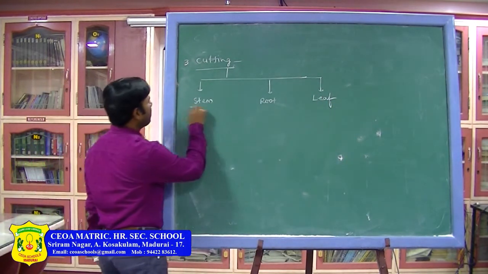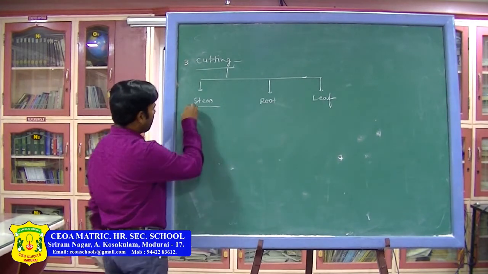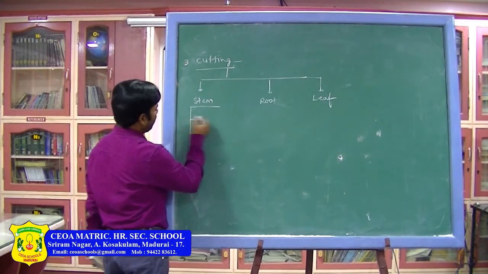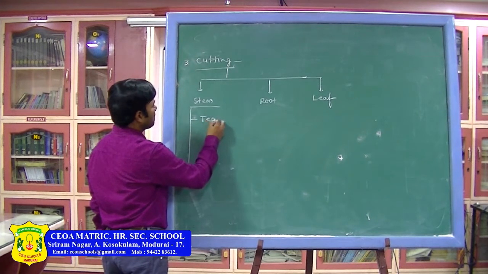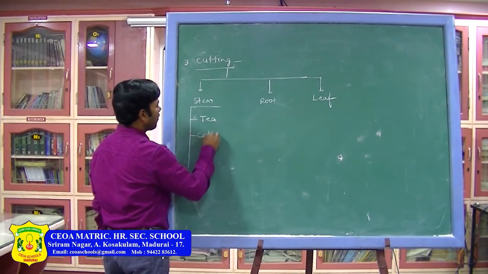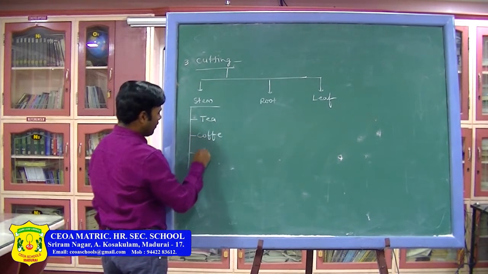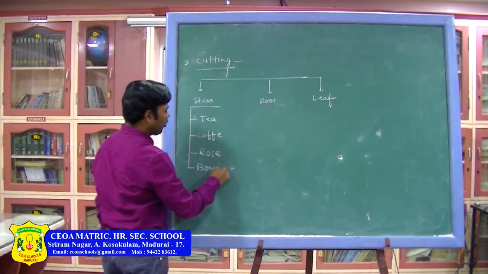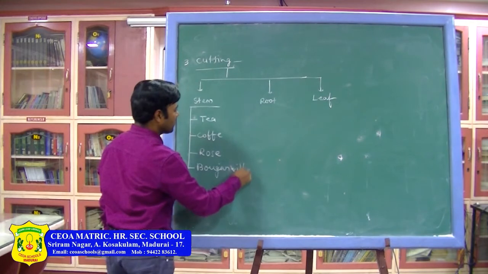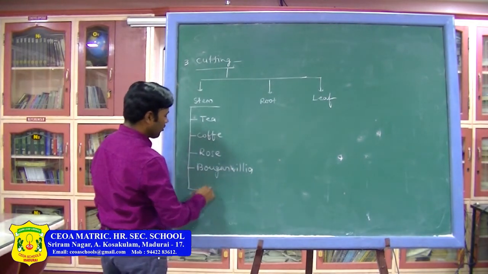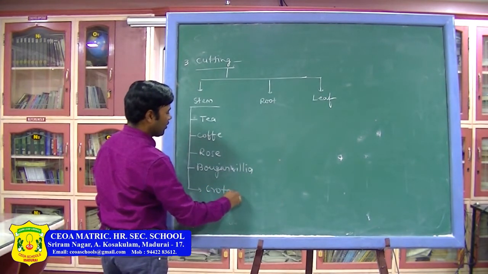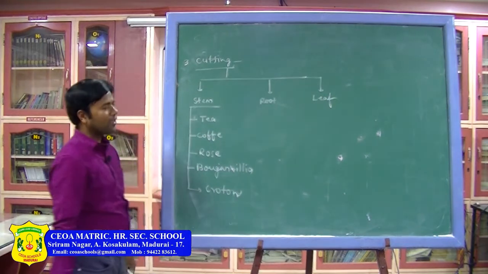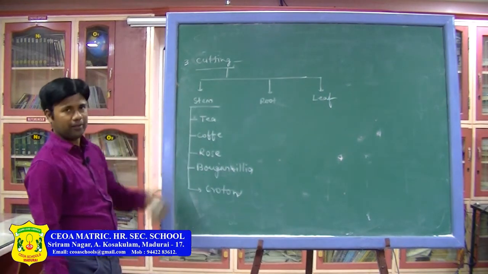For example, if you take the stem: tea, coffee, rose, bougainvillea, and some crotons. These all come under the examples of stem cutting.